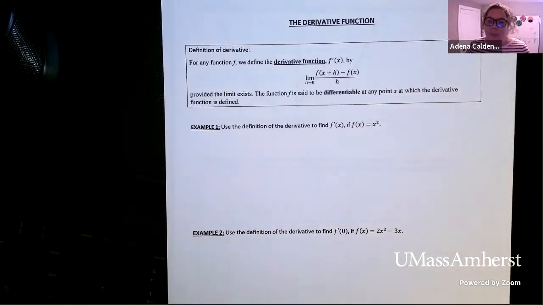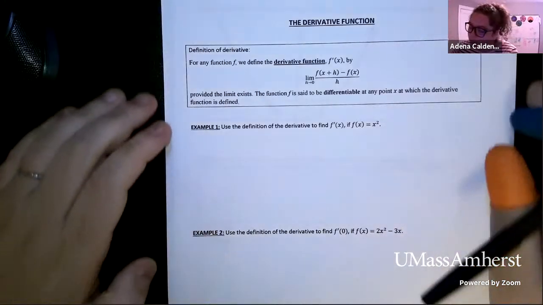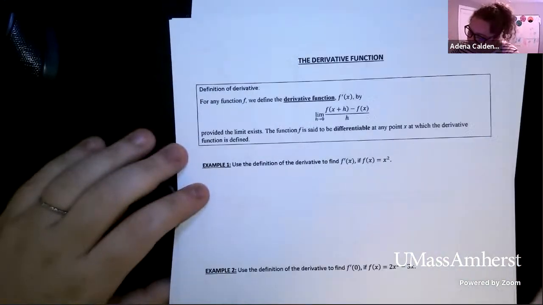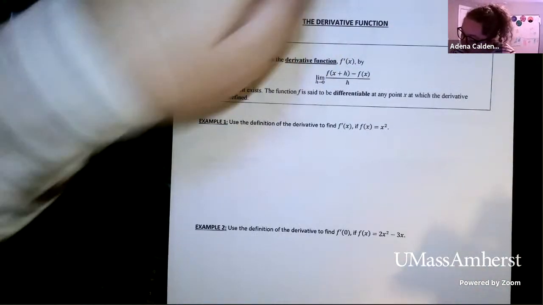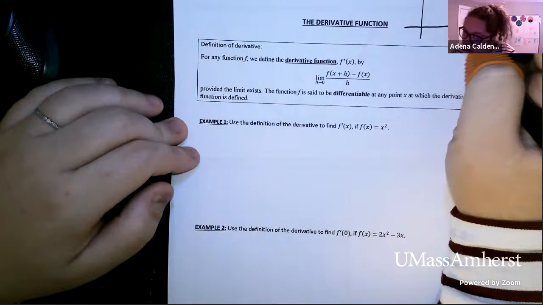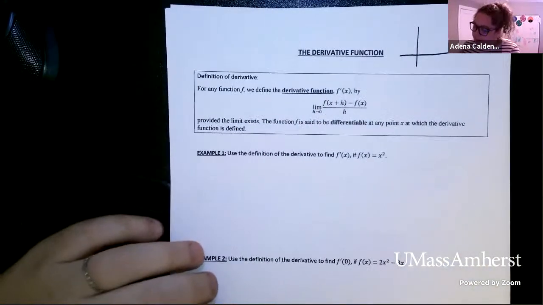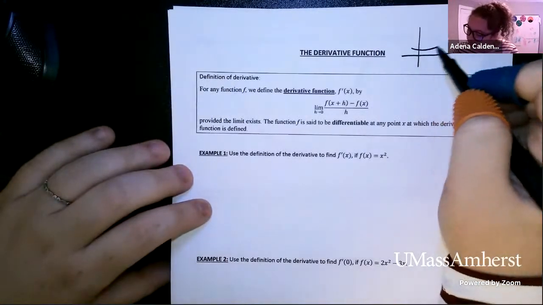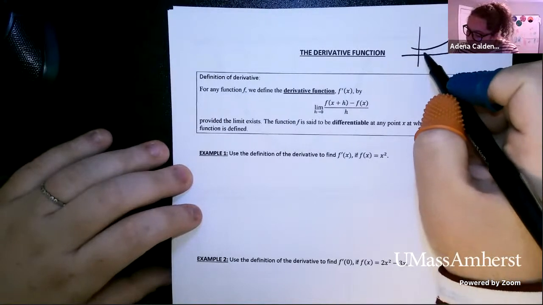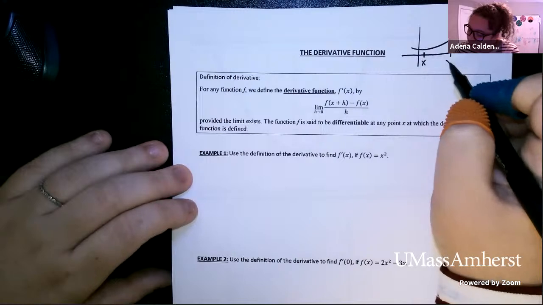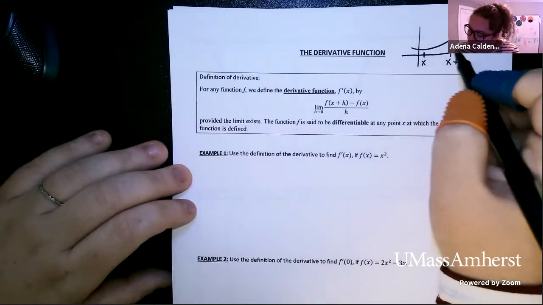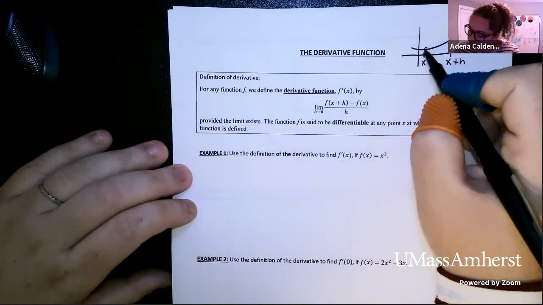So why this limit? What is this limit doing? So I'm going to draw a picture so we can visualize what this particular limit means here. So if we have some function, and it can look like anything, and we're interested in what's happening between 2 points, we can call those points x and x plus h.